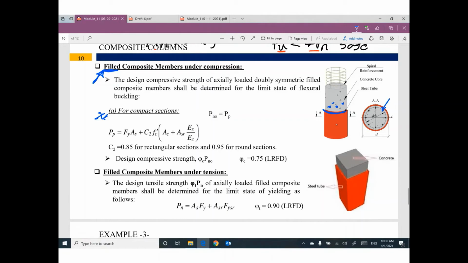The plastic load equals Fy times As, plus C2 times f'c of concrete times Ac, plus As reinforcement times Es divided by Ec, converting it to equivalent concrete. The constant C2 equals 0.85 for a rectangular section, and 0.95 for a round section.